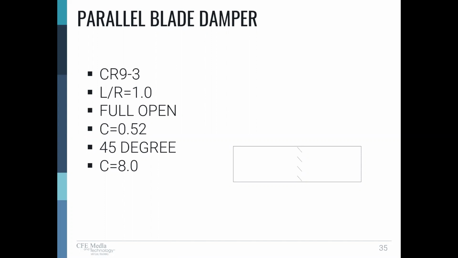At full open, so that the blades are parallel to the airflow, it has a C of 0.52, which really isn't terrible. But if you put the blades at 45 degrees, the C becomes 8.0. So it's 15 times the losses by throttling it 50%.